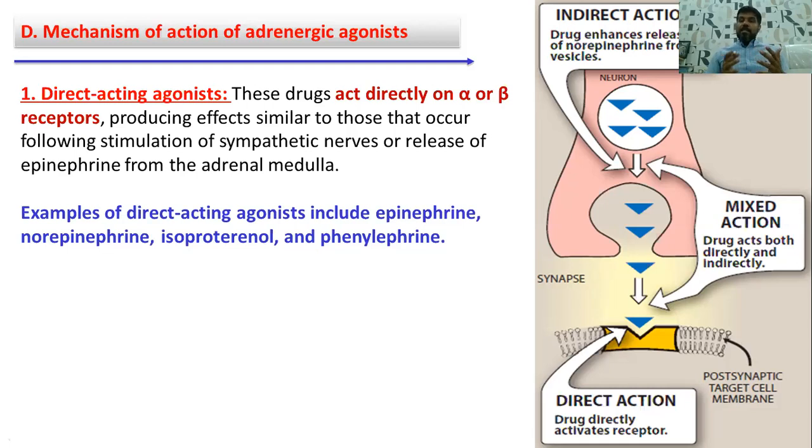What do we mean by mixed action adrenergic agonists? These medications act by both mechanisms, direct and indirect. So mixed acting adrenergic agonists can first bind to the post-synaptic adrenergic receptor, and also increase the release of norepinephrine from vesicles.